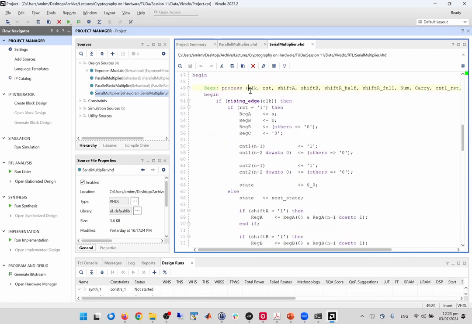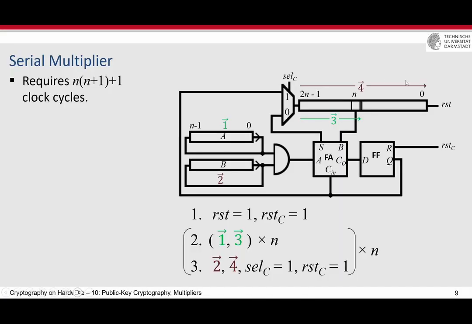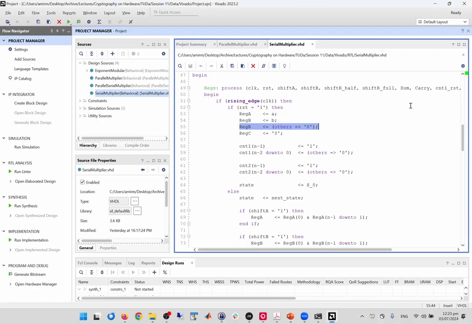There is a process, whether we do the reset or not, and when the reset is there, the inputs are stored in the register, and register R should be completely 0. This is here. This register R should be completely 0. And register C, which was storing the carry, should also be 0.